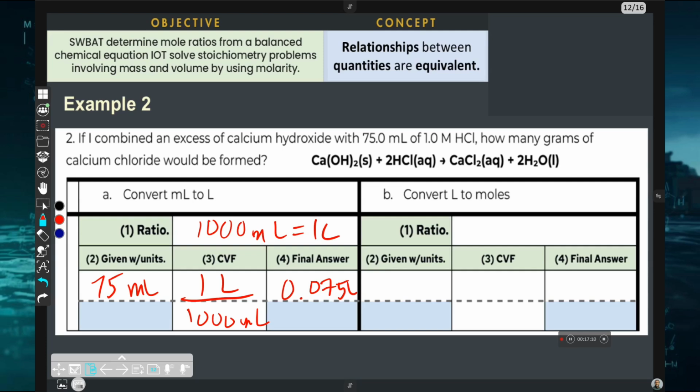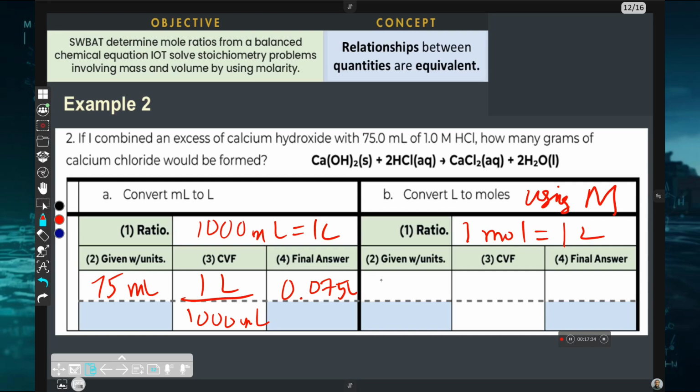Then we got to convert the liters to moles using molarity. So let me say that, using capital M, molarity. Okay. So molarity is 1.0, which means 1 mole dissolved in 1 liter. Fantastic.